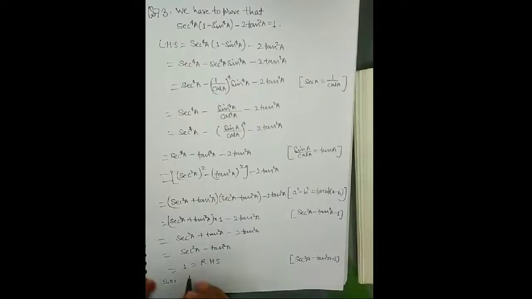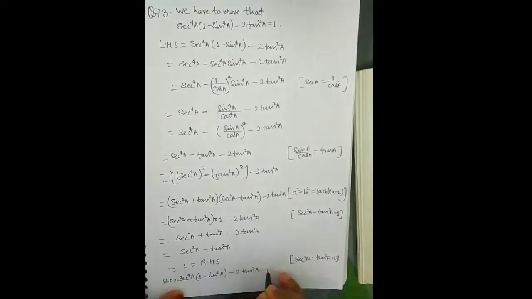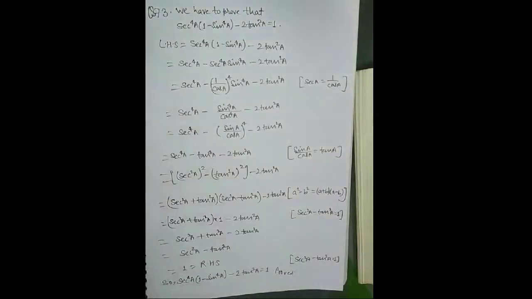So sec to the power 4A into 1 minus sin to the power 4A minus 2 tan square A equal to 1. Proved.